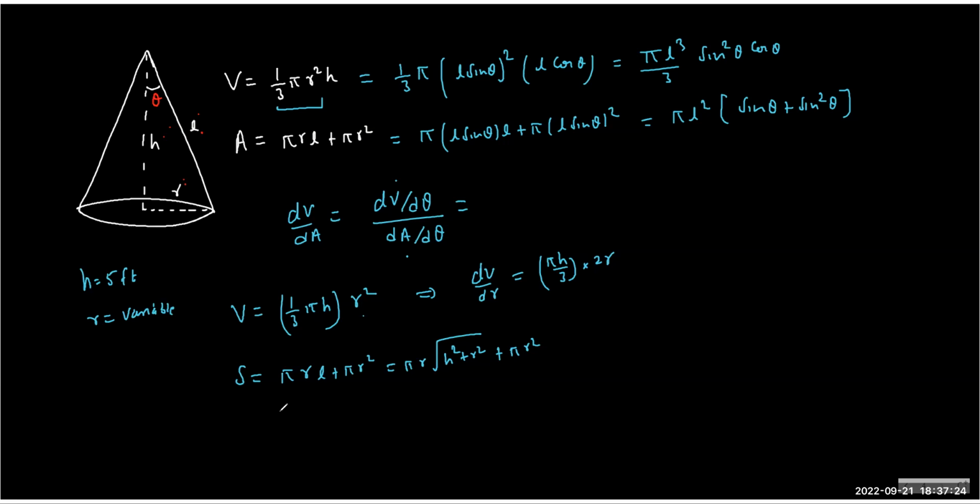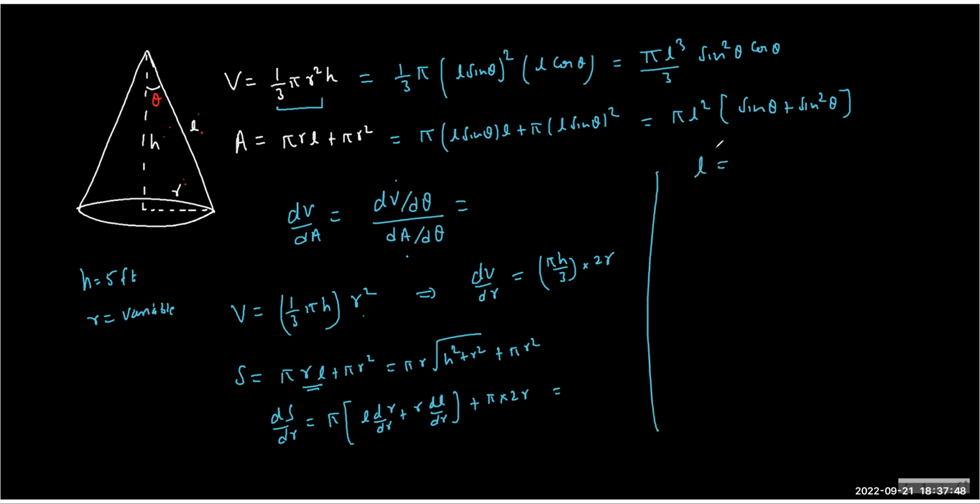And similarly, if I try to find dS by dr, I'll choose this one, pi, and I'll use the product rule, which is L into d by dr of r plus r into dL by dr, plus pi into 2r.